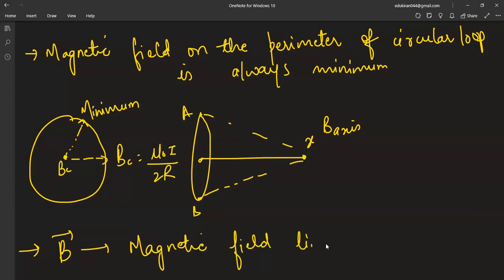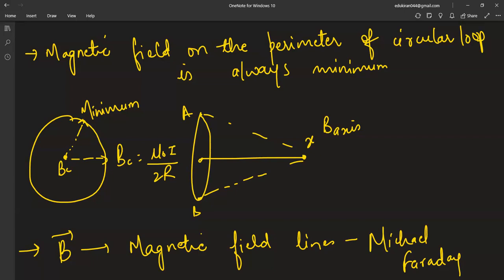Who discovered the magnetic field lines? Any idea? Faraday. Michael Faraday discovered them. Why did this come? Because Faraday's contribution has been mentioned in your NCERT also.